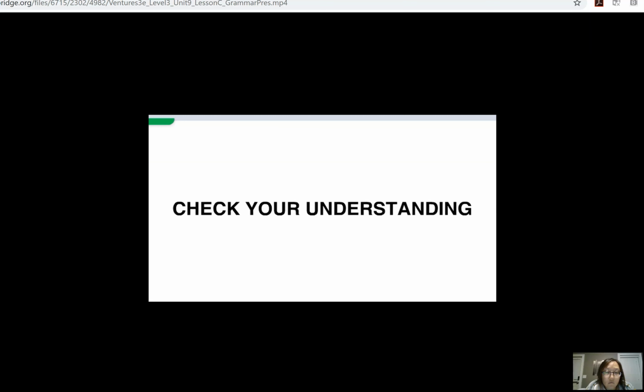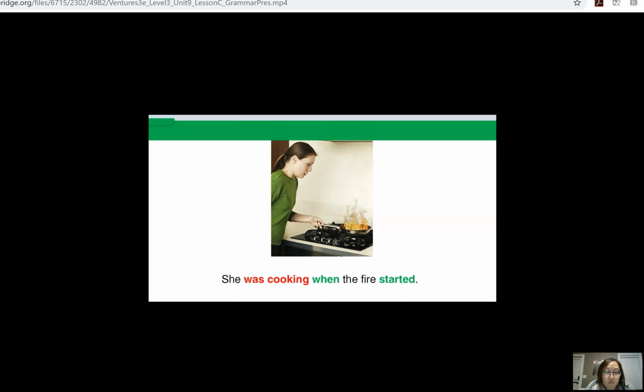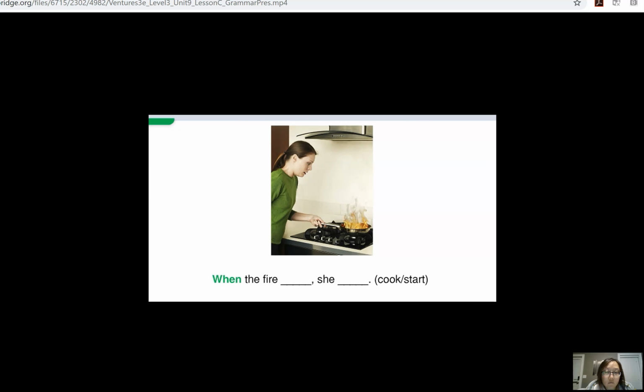Check your understanding. Look at the picture. Complete the sentence. Use the verbs in parentheses. She was cooking when the fire started. When the fire started, she was cooking.